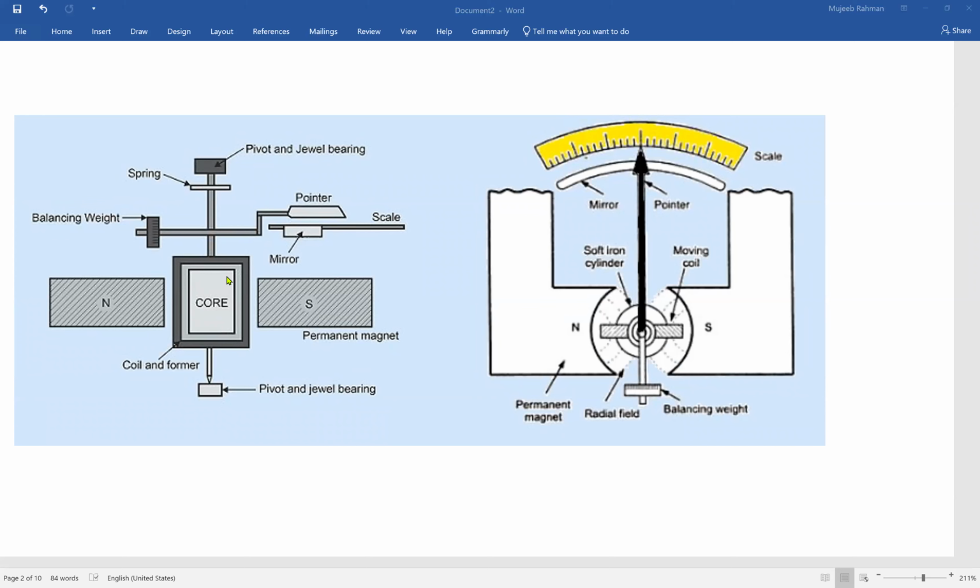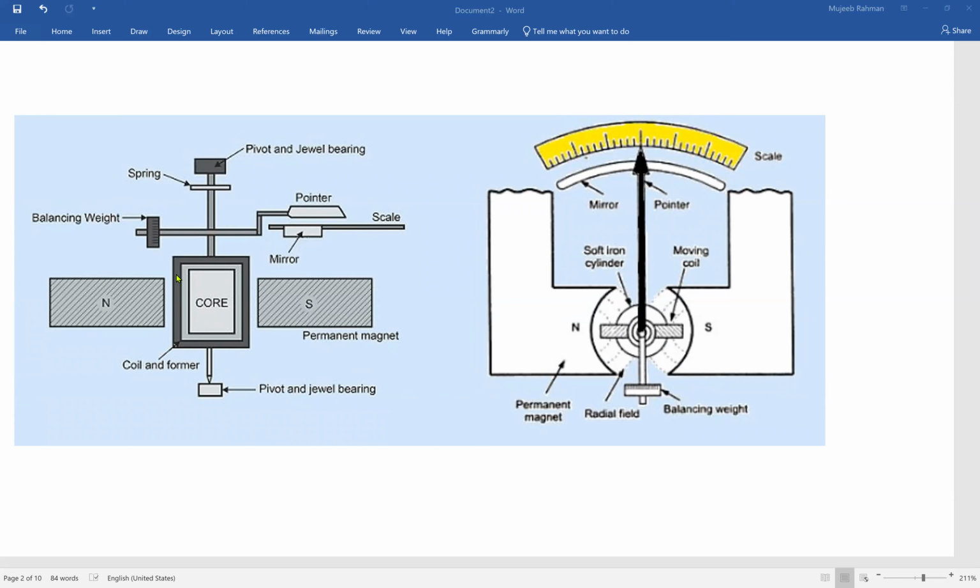This coil receives the quantity being measured, and the current passing through it acts as a tiny magnet, whose strength depends upon the quantity being measured.